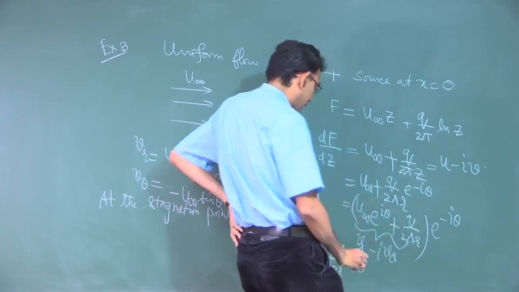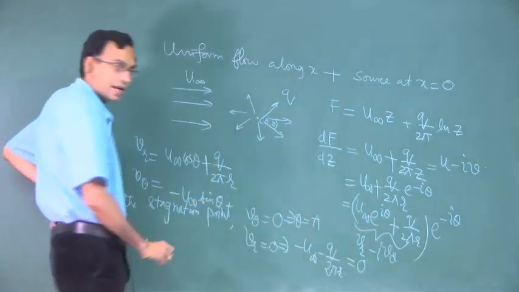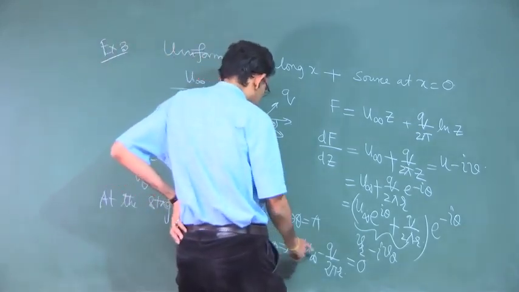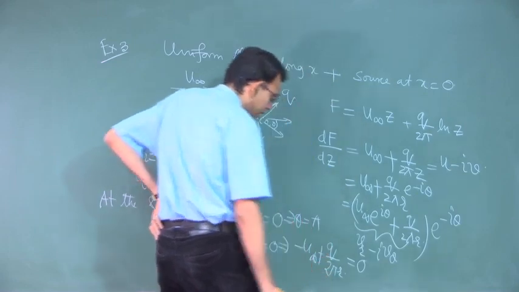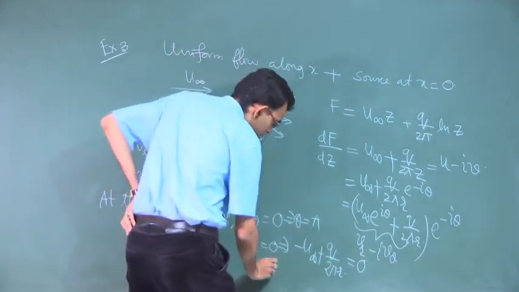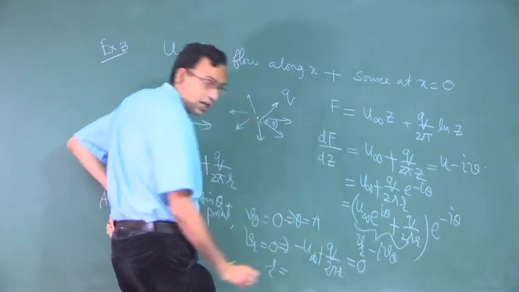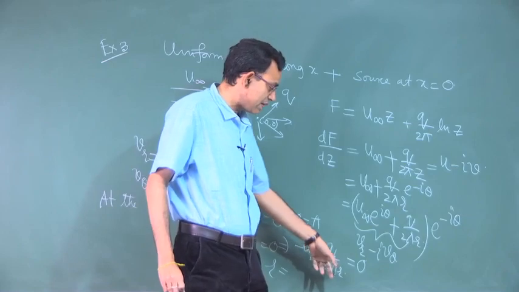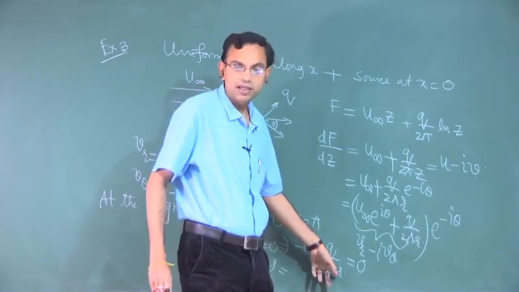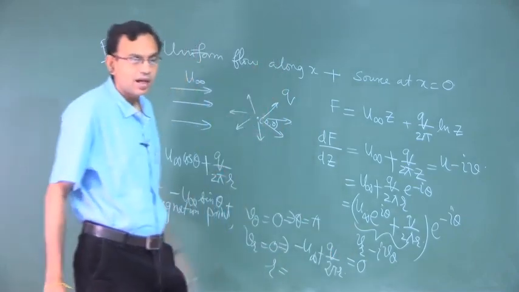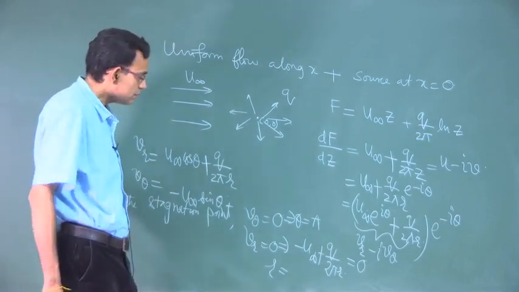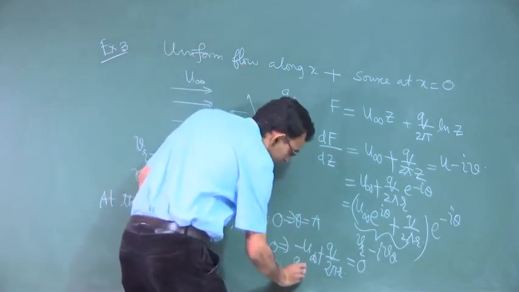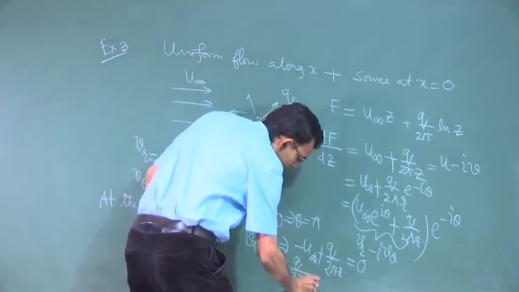So, minus u infinity plus q by 2 pi r equal to 0. So, r will be the radial location. Why it struck me that it cannot be negative is that r is the radius vector, it cannot be negative, r has to be positive always. So, r is q by 2 pi u infinity.